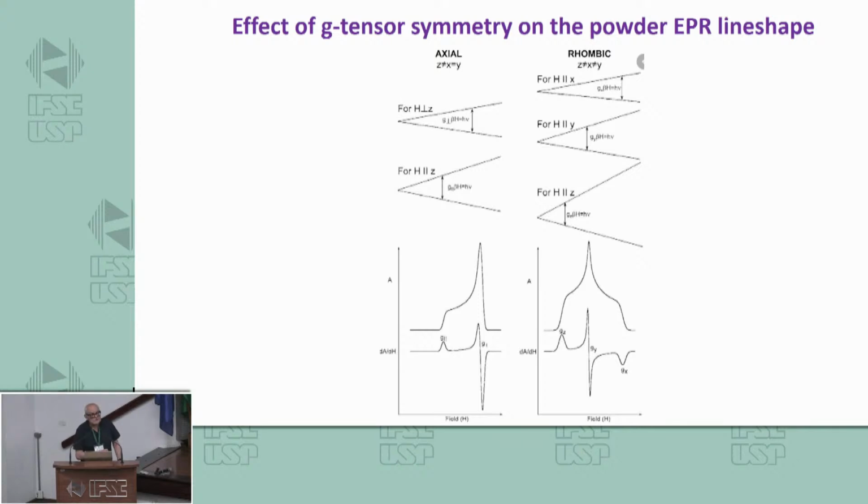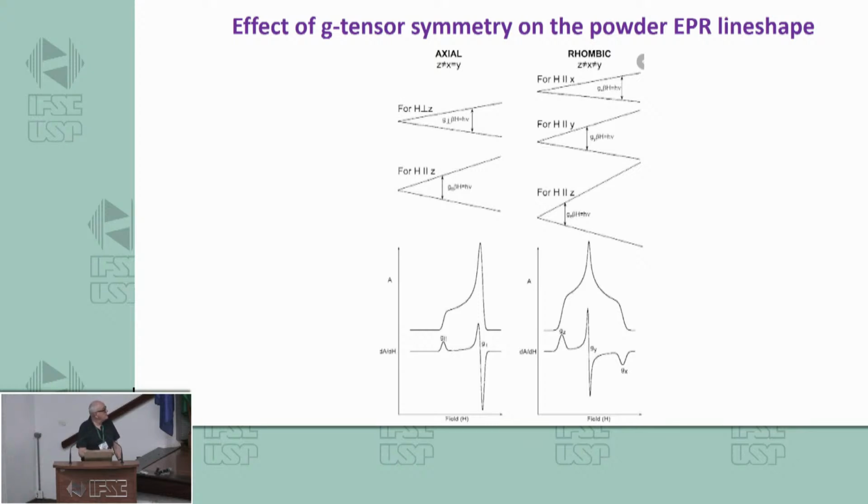In a more general case, the line shape is predicted to look like this. We then have G values in three different directions of the crystal, and we call them Gx, Gy, Gz. This would be the situation for a C2 or C2v symmetry, where we are lacking this higher-fold rotational axis.